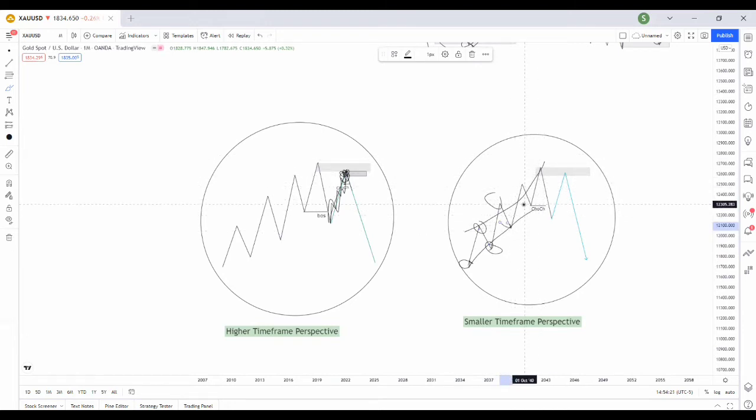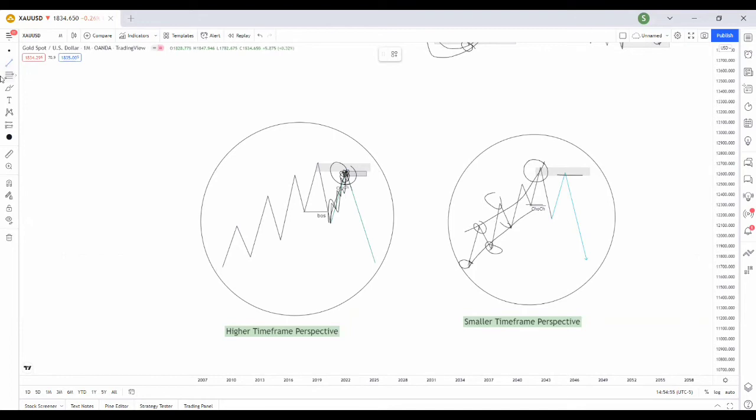You have to wait for a break of structure or a change of character and identify your second supply zone, on which you will be entering your trades. Entering trades on a higher time frame supply is risky. Taking a confirmed entry on a small time frame is less risky because the stop loss is going to be tiny.